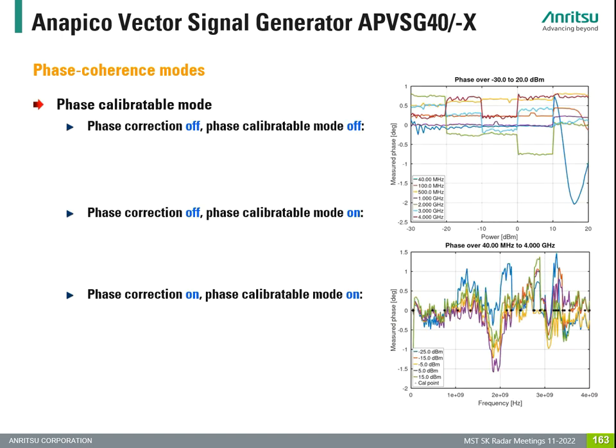With option PHS, the app VSG guarantees deterministic and reproducible phase relationship between individual channels and individual devices. Deterministic and reproducible, however, mean that those relationships may still vary with power and frequency settings.